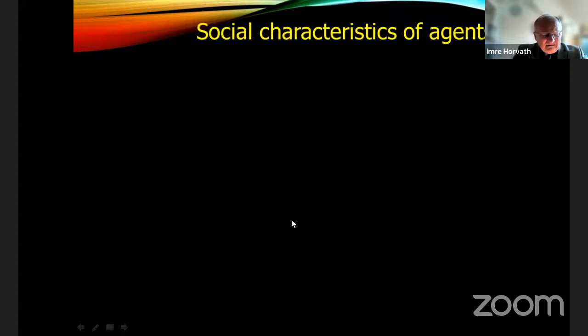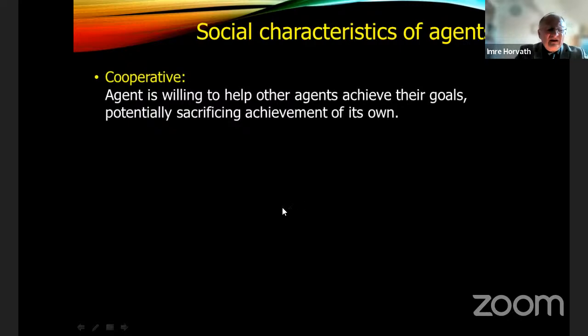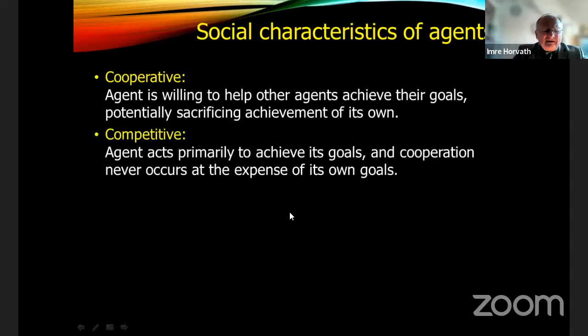Then the next important aspect is the social characteristics of an agent. For instance, the agent can be cooperative: the agent is willing to help other agents to achieve their goals, potentially sacrificing achievement of its own. Competitive: the social behavior of an agent is competitive if it acts primarily to achieve its own goals and cooperation never occurs at the expense of its own goals.